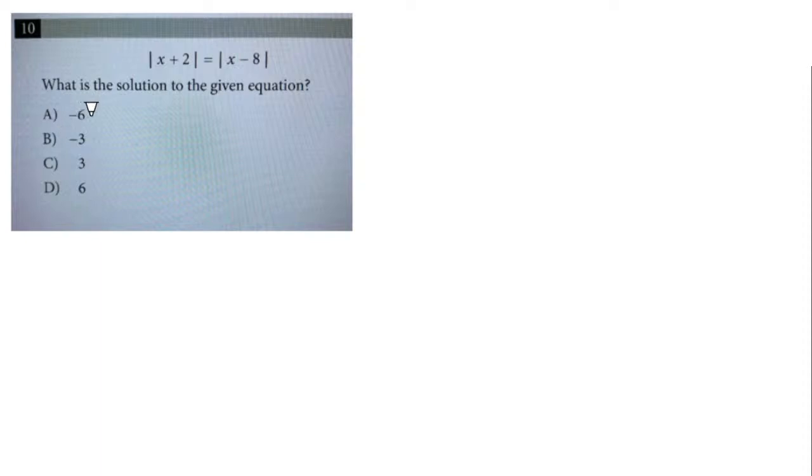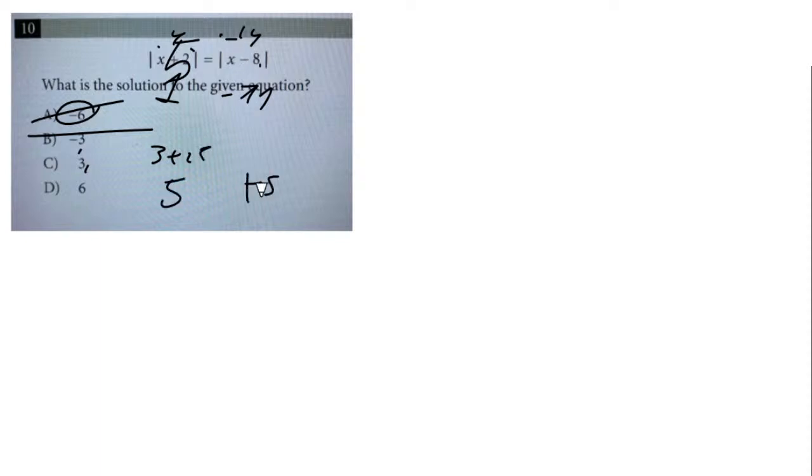If we get here, it's minus 6 plus 2, it's 4, minus 6 minus 8 is definitely minus 14, so it's not the answer. Minus 3, it's 1, and it's minus 11, I guess, not this one. So 3 plus 2 is 5, and 3 minus 8 is minus 5, but the absolute value of 5 is 5, and of minus 5 is 5. The answer is C.